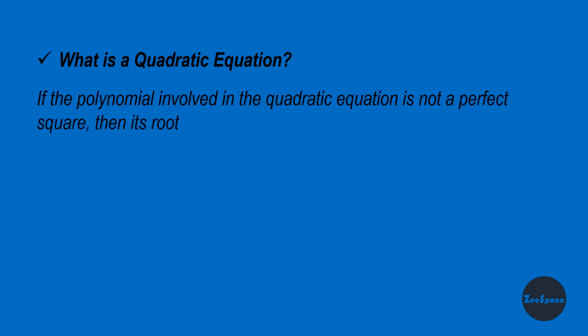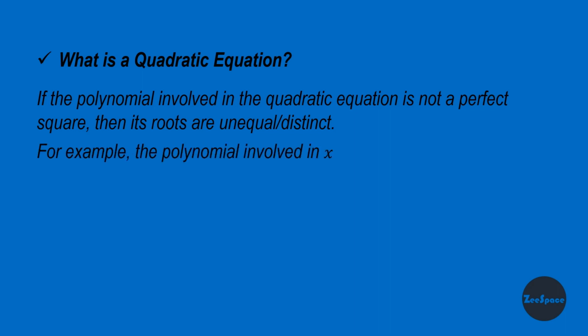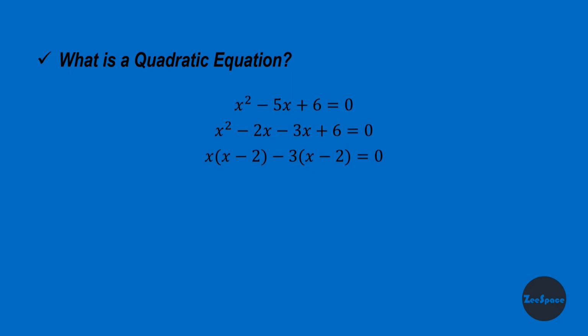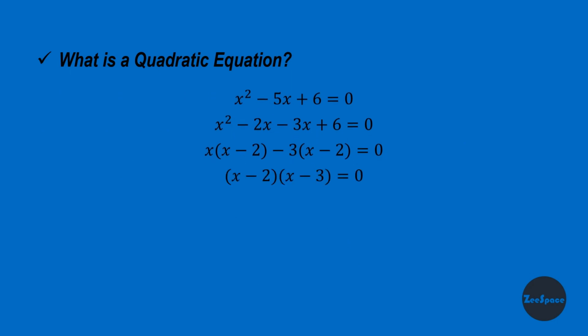If the polynomial involved in the quadratic equation is not a perfect square, then its roots are unequal or distinct. For example, the polynomial involved in x squared minus 5x plus 6 equals 0 is not a perfect square. Let's try to solve it for its roots. x squared minus 5x plus 6 equals 0. x squared minus 2x minus 3x plus 6 equals 0. x into x minus 2 minus 3 into x minus 2 equals 0.